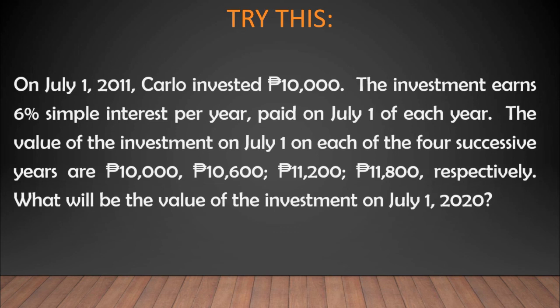The value of the investment on July 1 of each of the 4 successive years are 10,000, 10,600, 11,200, and 11,800 respectively. What will be the value of the investment on July 1, 2020?